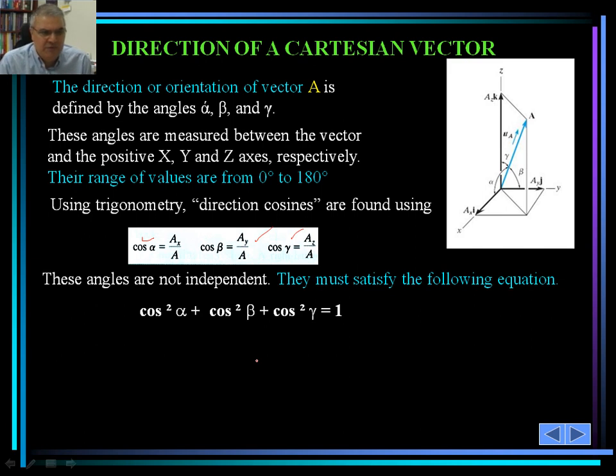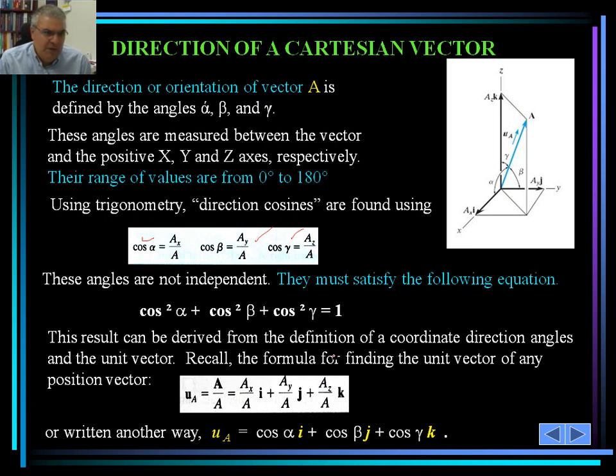It's really pretty straightforward. So these angles are not independent, as you can see. It is possible that we change the angles gamma and beta, keeping alpha constant. We can also change the angles beta and alpha, but they're not really independent.